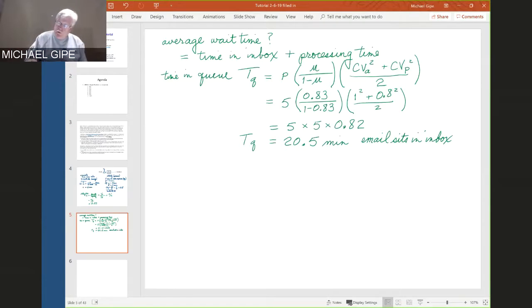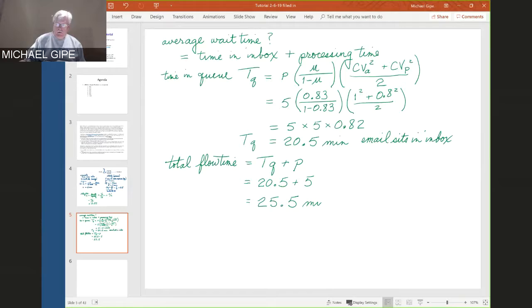So what's the total flow time? That's going to be the queue time on average plus the processing time, P. And we now know both of those numbers. So 20.5 plus 5 equals 25.5 minutes average time to get a response.